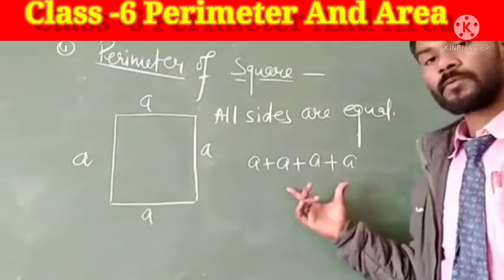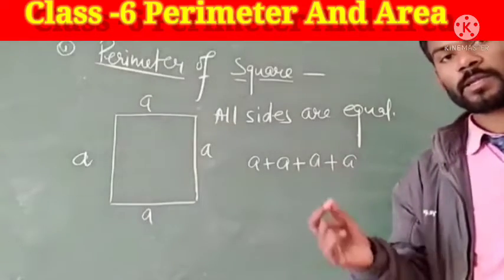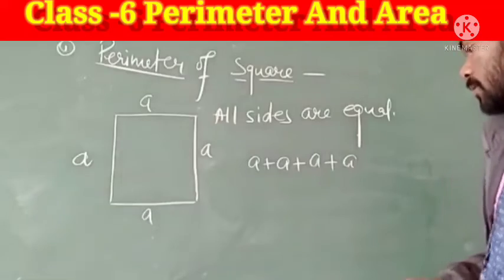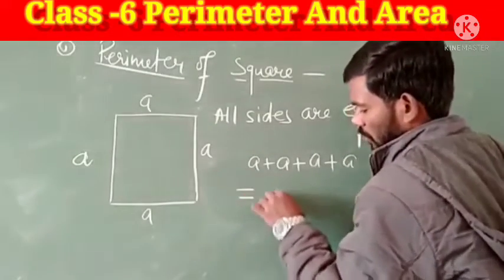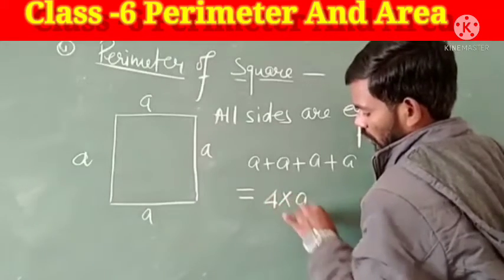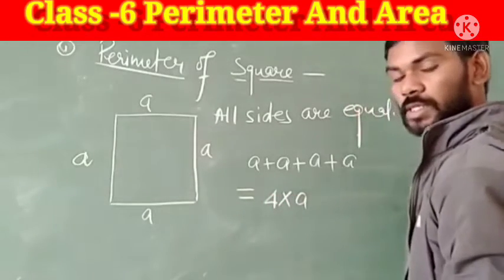This will give us the total length of the boundary. So it can also be written as 4 into a. What is a?